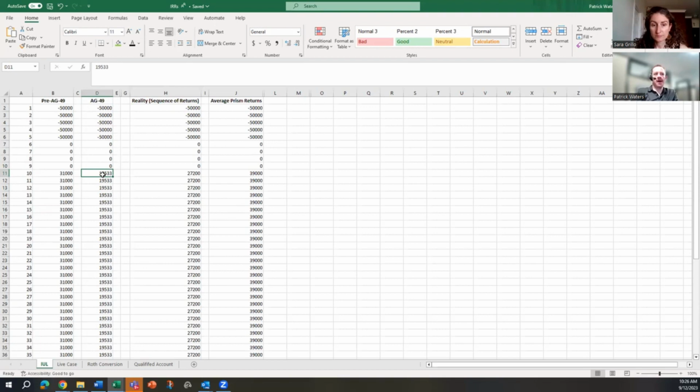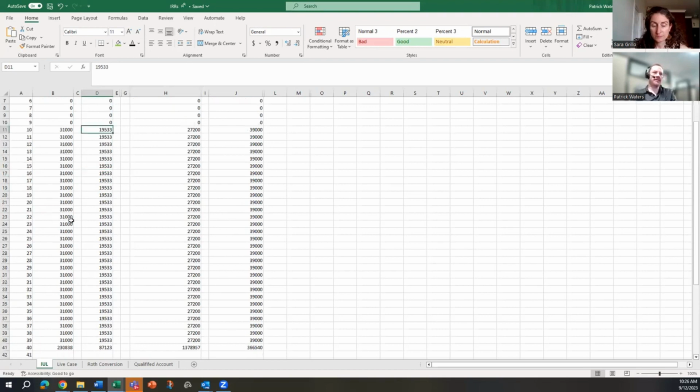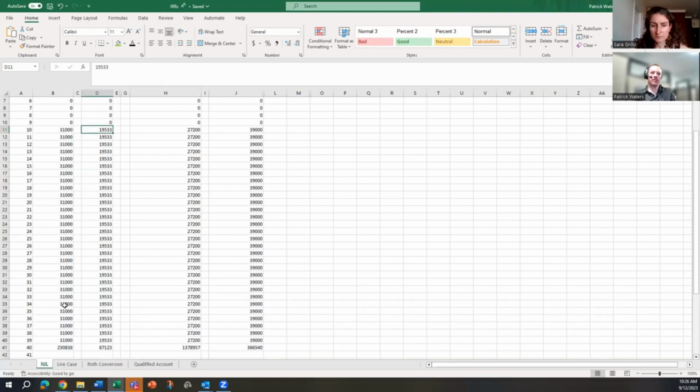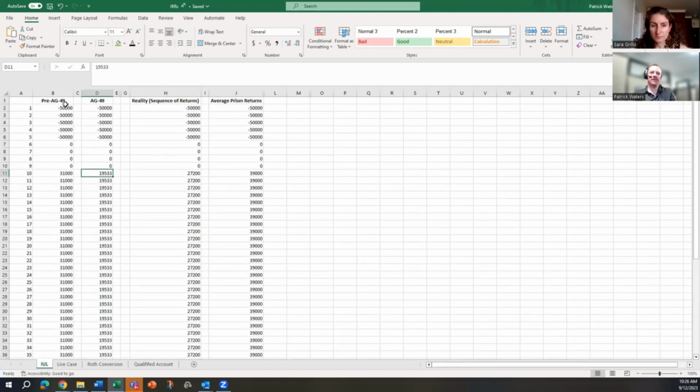So the first column that I have here is showing 7.54% is the IRR of the pre-AG 49 numbers. Column D is showing under AG 49, and this is where we're involving the maximum illustrated rate and the limit on the arbitrage.